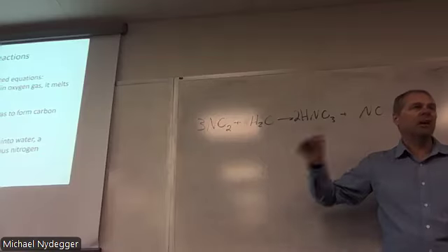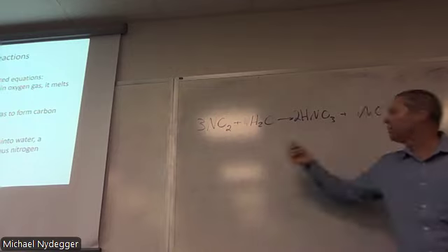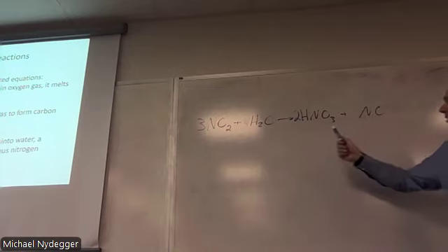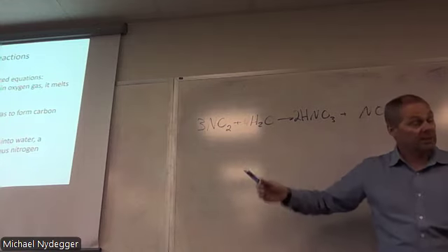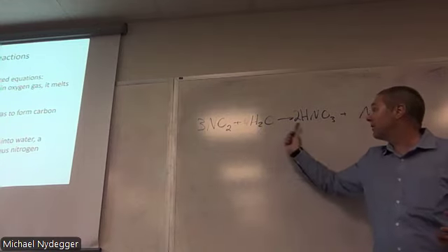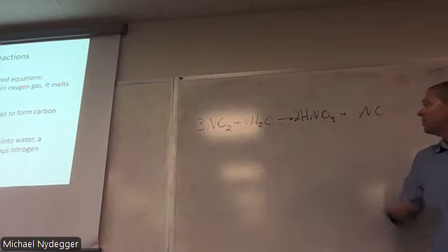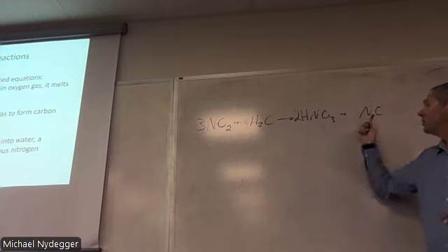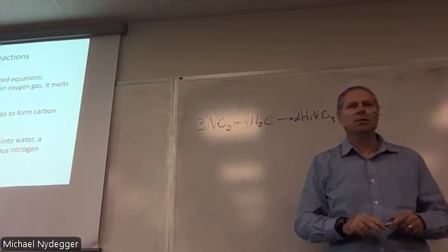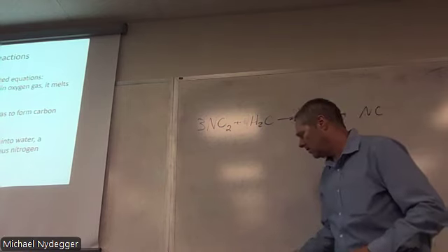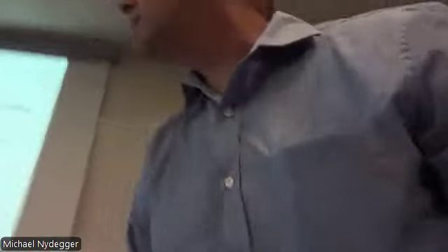I'm always going to start with the easiest and hope that the complicated ones just fall into place. The most complicated of all is going to be the oxygen, because the oxygen is in all four of the compounds. So I'm going to start with the hydrogen. There are two here, so I put a 2 there, and that got me 2 and 3, so I put 3 out there. Does that make sense?